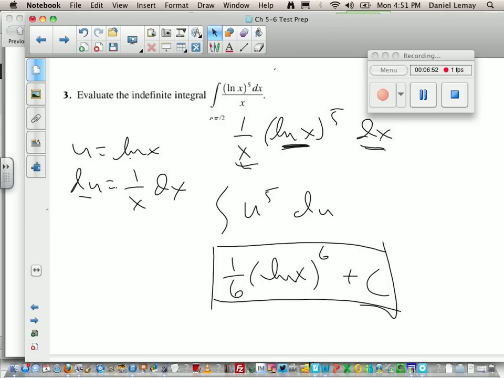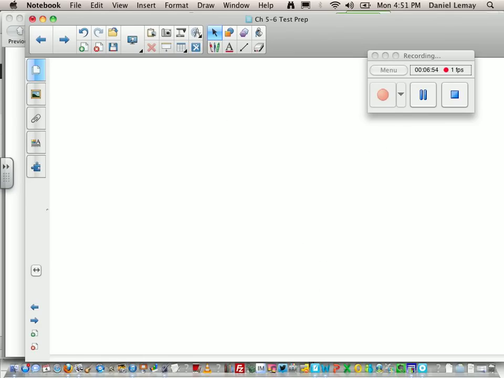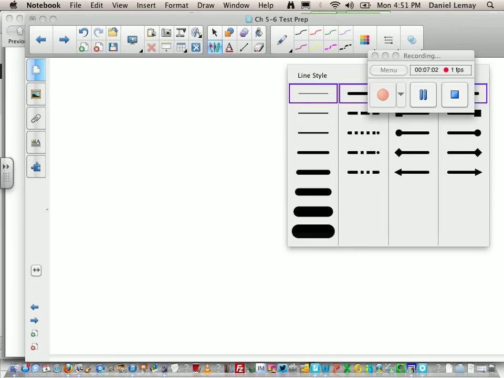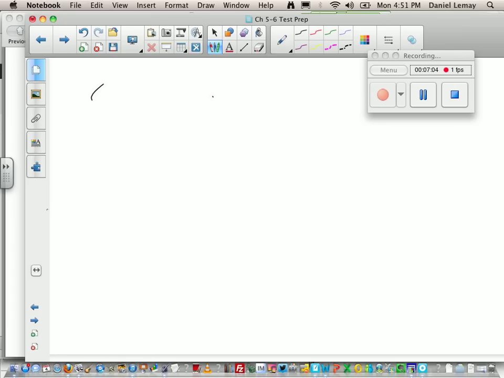Next question. We have to evaluate that definite integral. Here, I won't bother going back to the test. So we've got to evaluate from 0 to pi over 2 e to the sine x cosine x dx. Well, if this were e to the u, that would be an easy function to integrate.